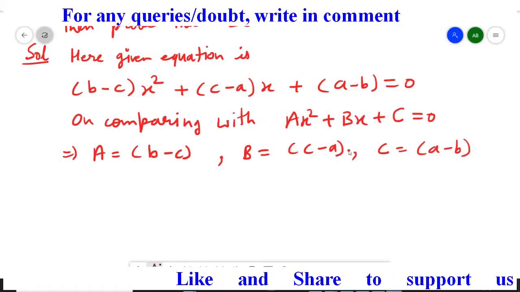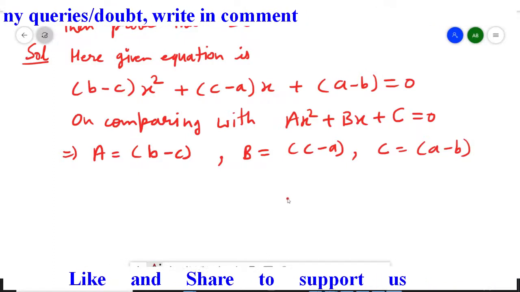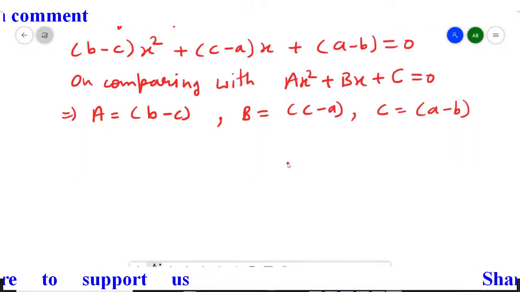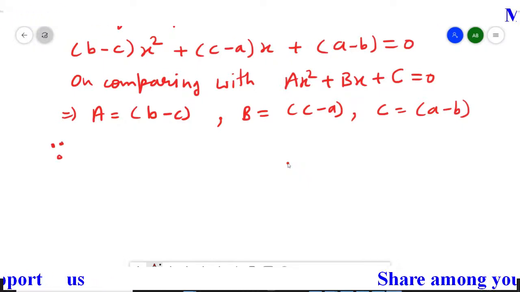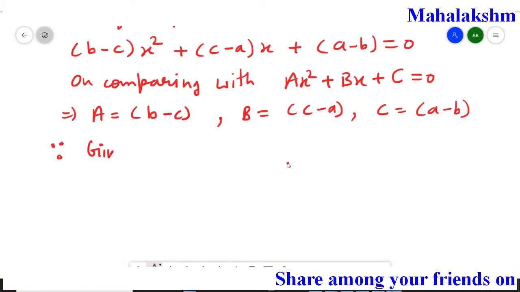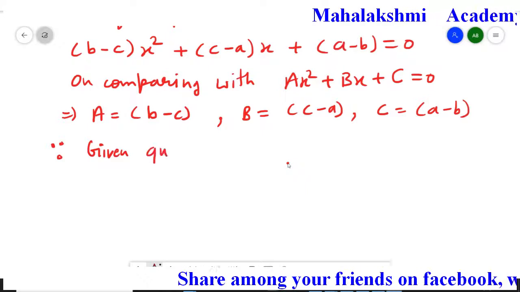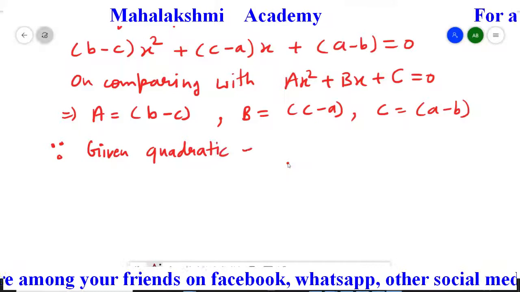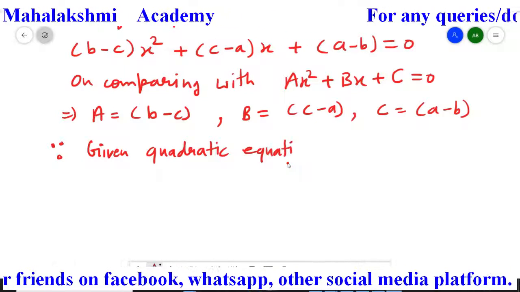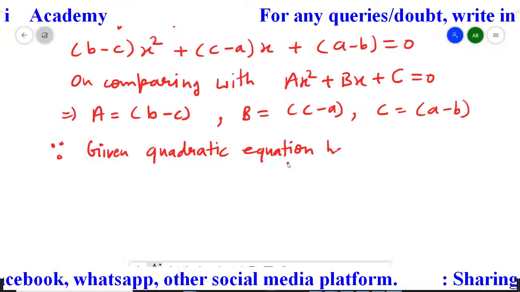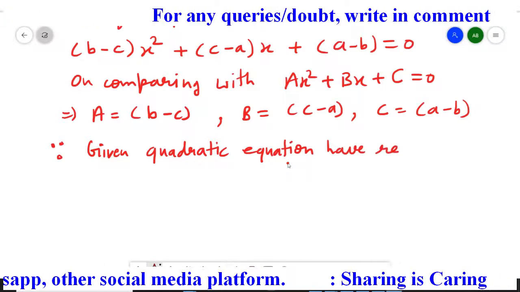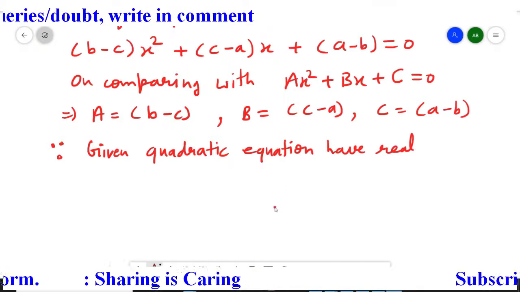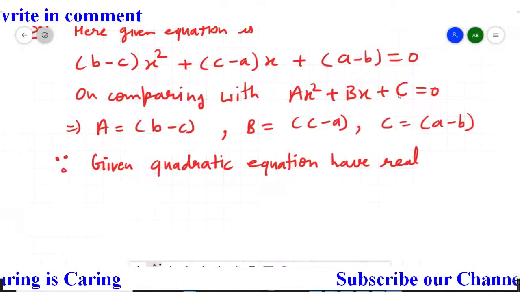Now it is given that this quadratic equation has real and equal roots. So that condition we have to write here. Since the given quadratic equation has real, let me see what's the condition actually, real distinct or real equal.